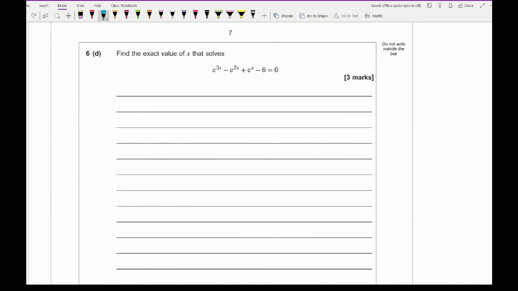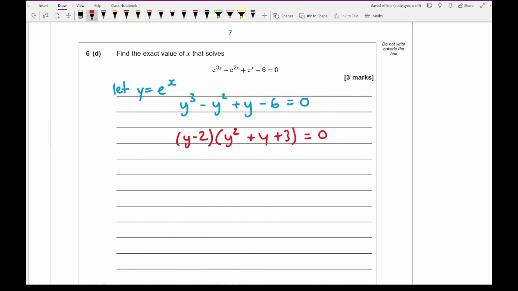Then moving on to question 6d, it says find the exact values of x that solve this expression. Well, if we let y equals e to the x, then this becomes y cubed minus y squared plus y minus 6 equals 0. This is exactly the same as what we've been dealing with in parts A, B and C. So this can be written as y minus 2 times y squared plus y plus 3 equals 0.